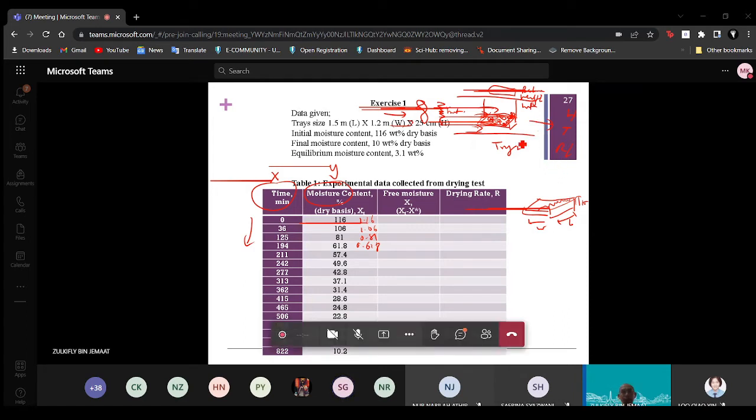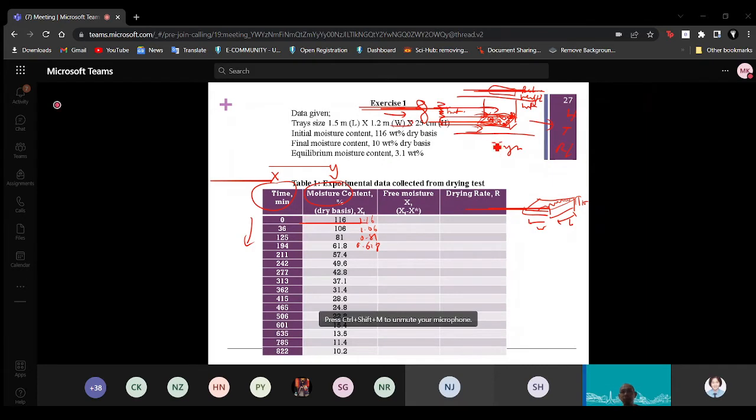Then from here, how do you collect the data? You set the time, let's say time 0. So what is the wet mass at that particular time? This is 116, for example. The moisture content, they already calculated.